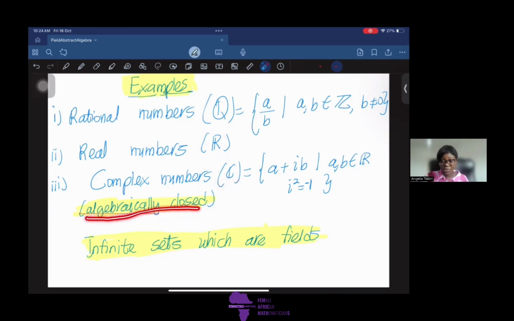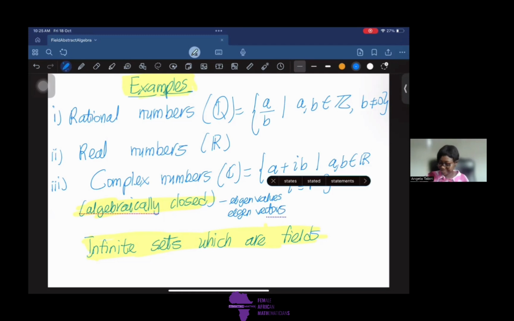And we call that algebraically closed. So this is quite special in terms of a field. So the set of complex numbers is an algebraically closed field, which plays a very important role, especially when you are looking at eigenvalues and eigenvectors, which we will look at later on in this series.